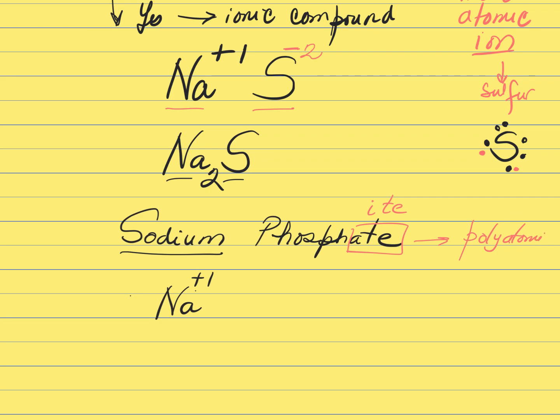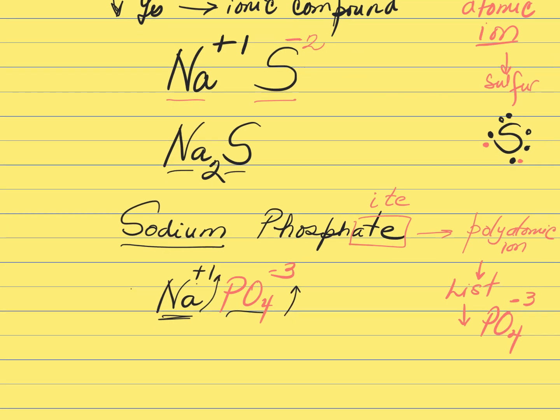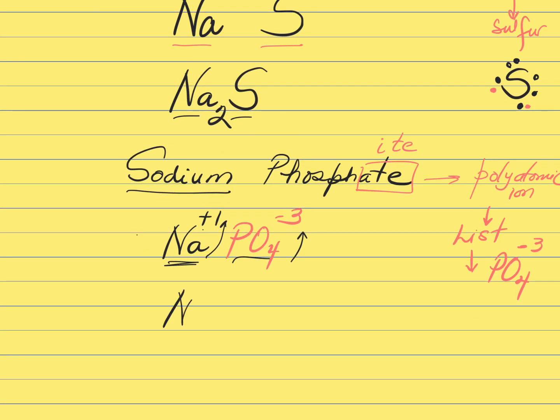This is a polyatomic ion. You need the list that is on the back of the periodic table. And then you're going to look for the formula. Phosphate is PO4 with the -3. You're going to put over here PO4, -3. Once you have the symbols and the oxidation numbers, what do you do to write the formula? You dance, baby, you dance.